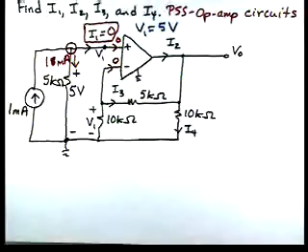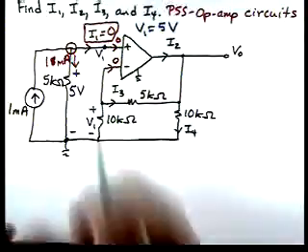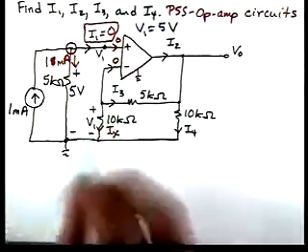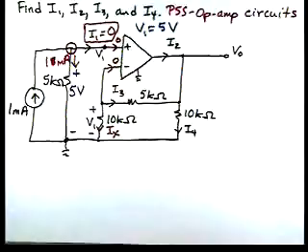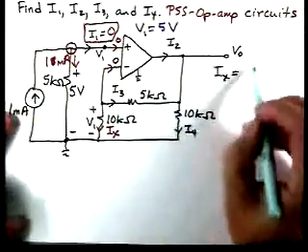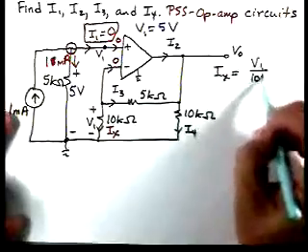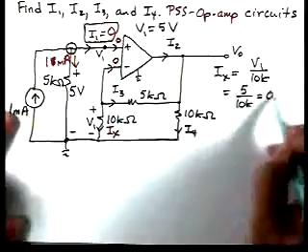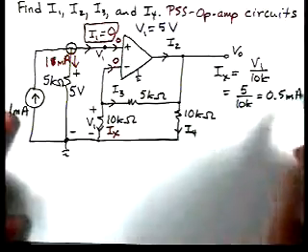Okay, so now, if we define this current as Ix, then from Ohm's law, Ix is V1 over 10K, which is 5 over 10K, or 0.5 milliamps.